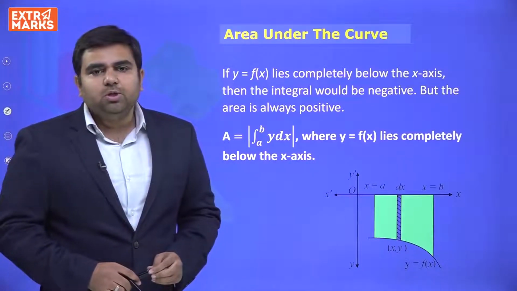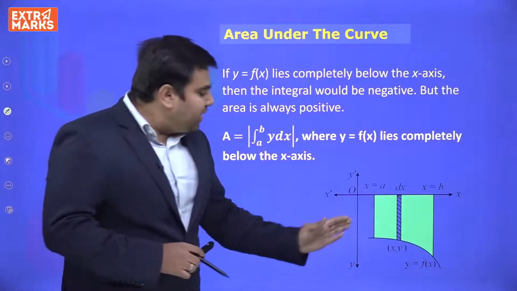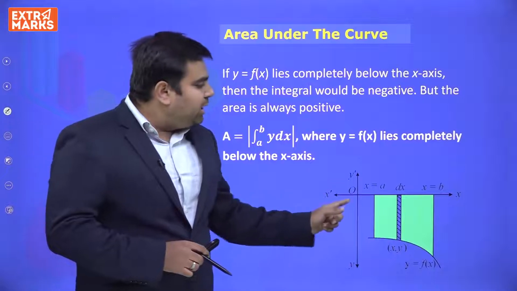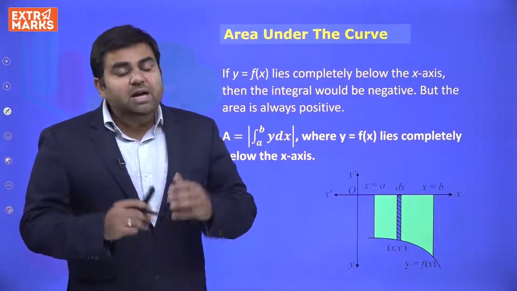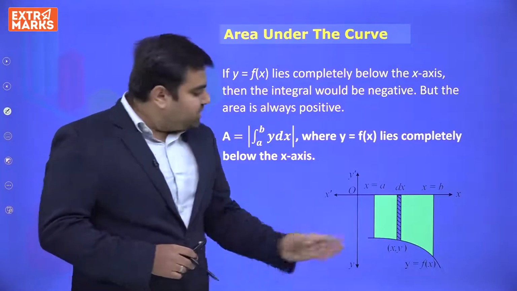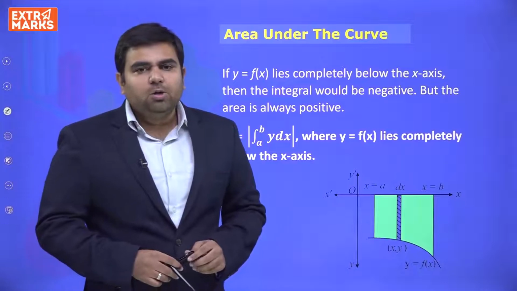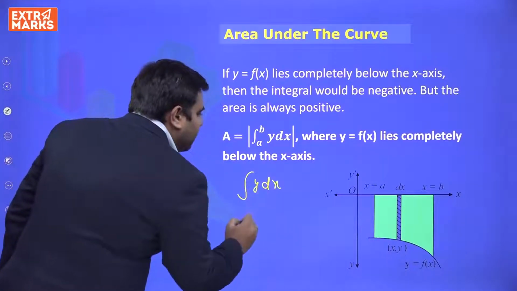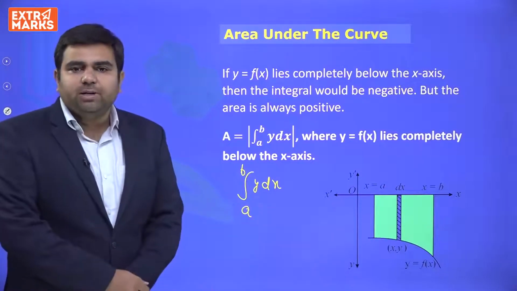How do we find this area? If I simply integrate f of x between x equal to a and x equal to b, it will come out to be negative, because y equal to f of x lies completely below the x-axis.